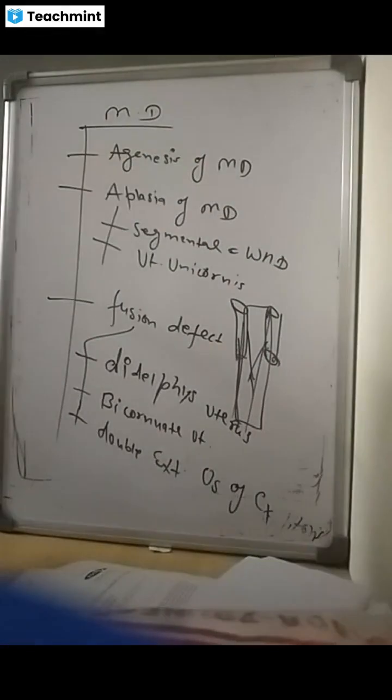The first is the agenesis of the Mullerian duct.